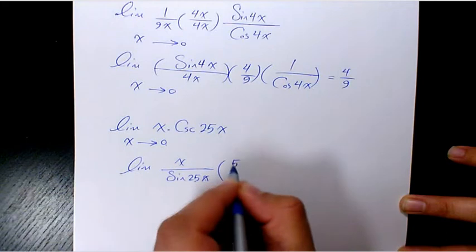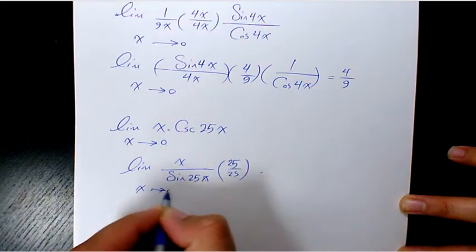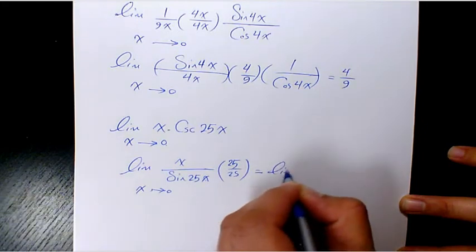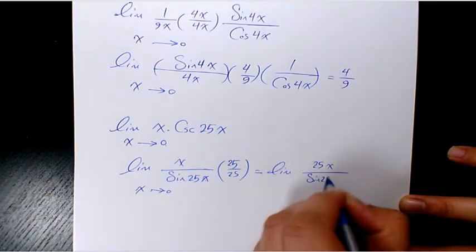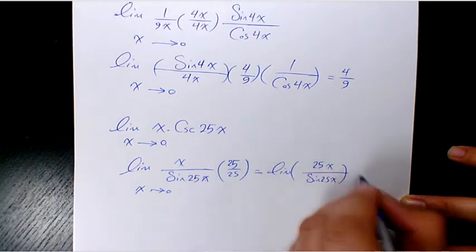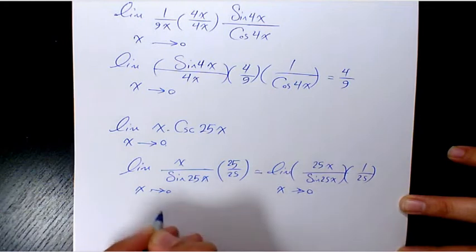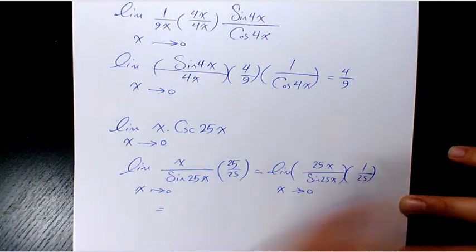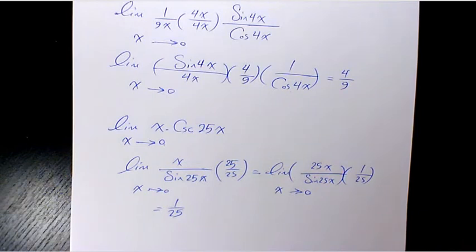Then we multiply both numerator and denominator by 25. It's going to be the limit of 25x over sine 25x, times 1 over 25, when x is approaching 0. That's going to be 1 times 1 over 25. That's going to be the answer.